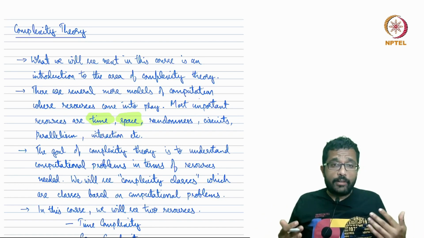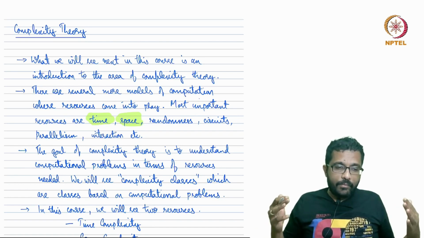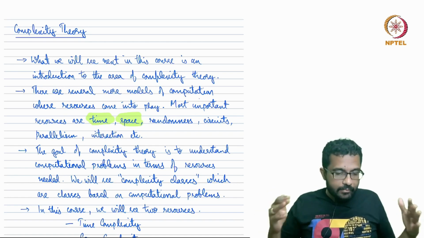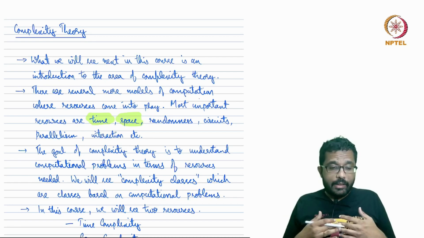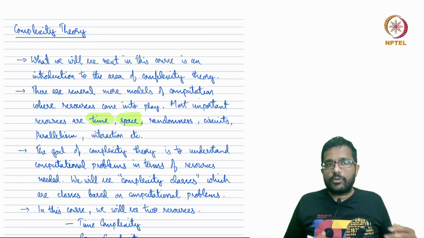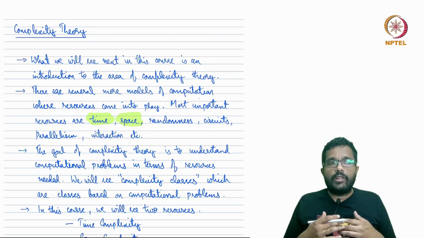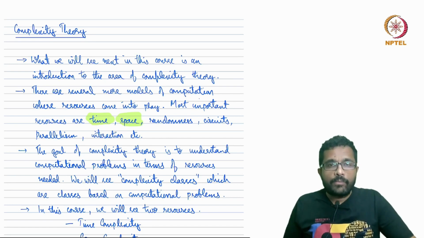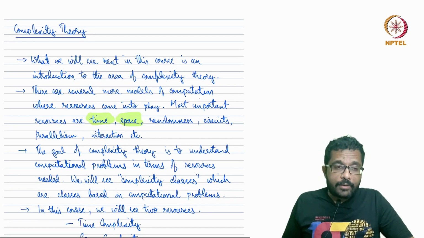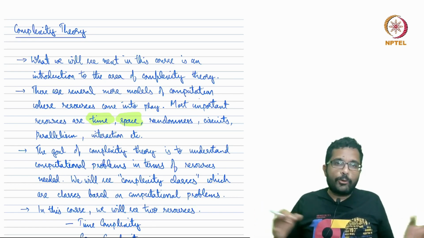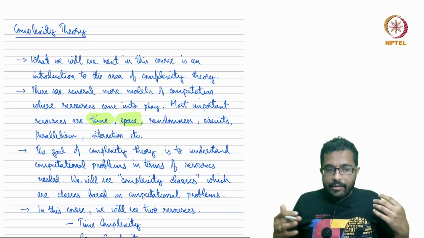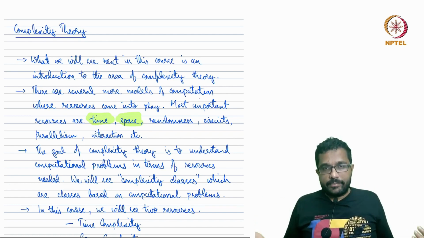There's a circuit model of computation, where we try to study the circuit parameters, how much they are needed. There is also a parallel computation model, where we worry about how much parallelism is there. There are models of computation where multiple computers interact in a distributed setting, and the amount of interaction required is considered as a resource.